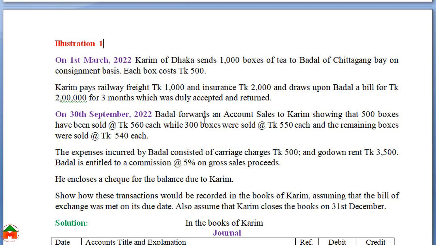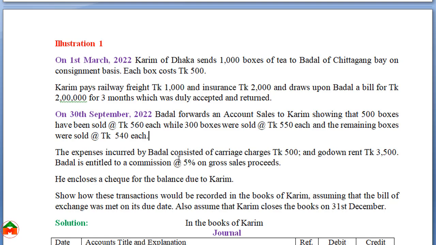However, Mr. Badal forwarded an account sales to Korim showing that 500 boxes have been sold at the rate of Taka 560 and 300 boxes were sold at the rate of Taka 550, and the remaining box, I can see the remaining box is 200 because 500 is sold here, 300 is sold here, that means 500 plus 300, I mean 800 sold. Then the remaining box indicates the 200 box. So 200 box were sold at the rate of Taka 540.